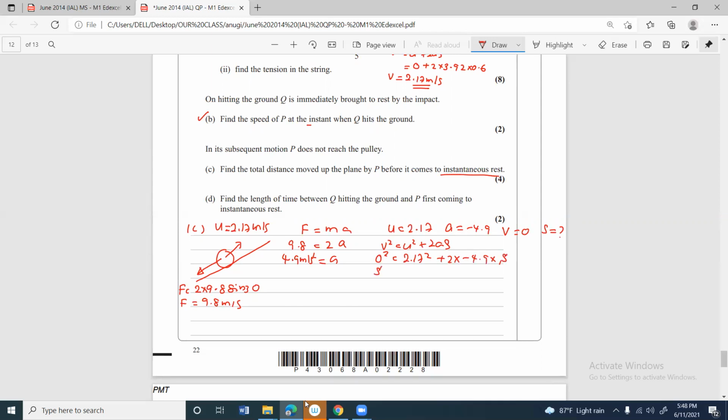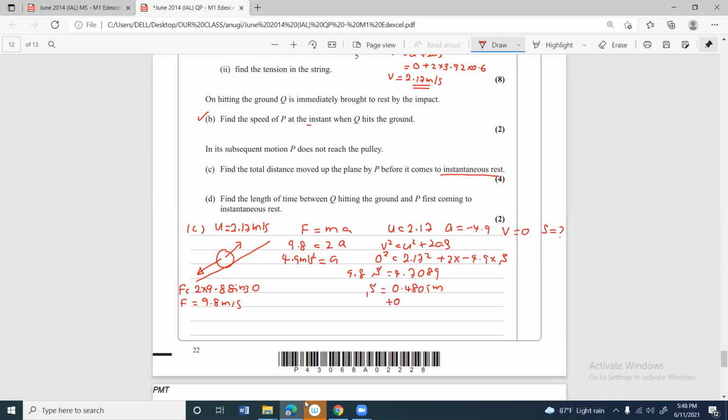From here, s is 2.17 squared divided by 9.8. 2.17 squared is 4.7089, and dividing by 9.8, s is 0.4805 meters.